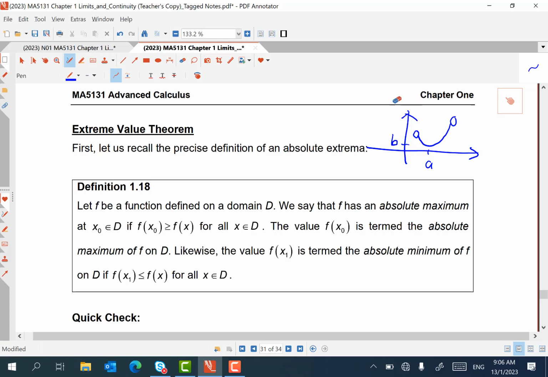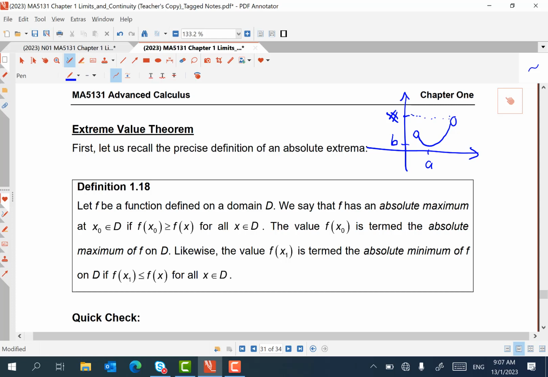You don't say it is, you don't imagine it's here. If I draw the line longer, some people say the absolute maximum is that symbol. It's not, because at that point the function is not defined. So for that reason, it does not exist.